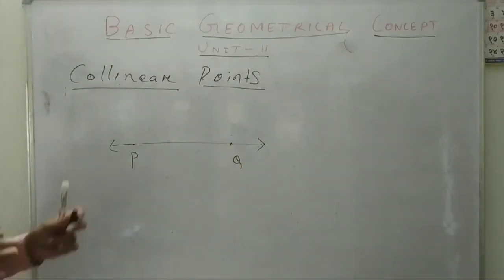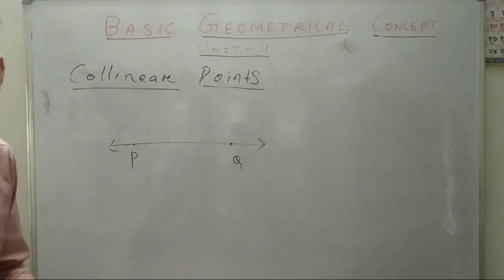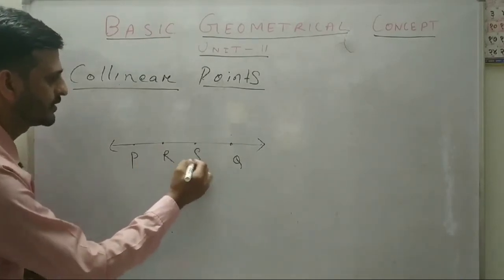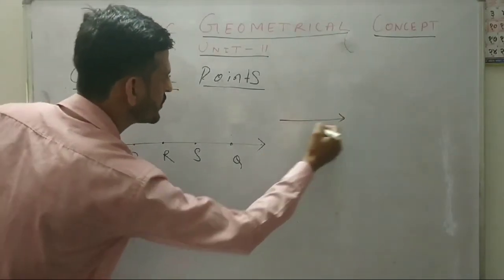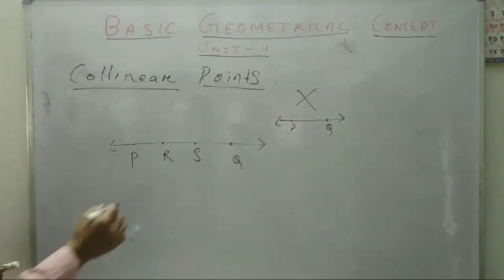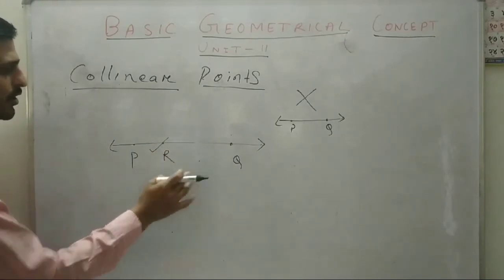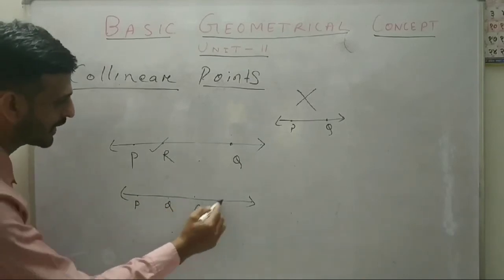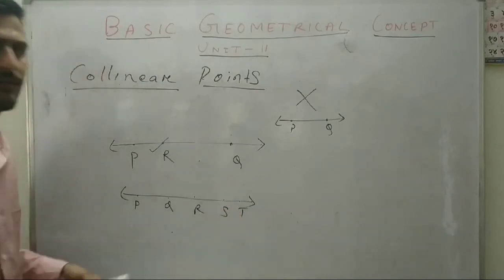If there are 3 or more than 3 points in that straight line, not 2, I am not saying about these 2 points P, Q. I am saying about 3 or more than 3. Here, suppose it is 3, or somebody will write P, Q, R, S. Here it is 4, more than 3. P, Q, R, S, T, more than 3, 5.